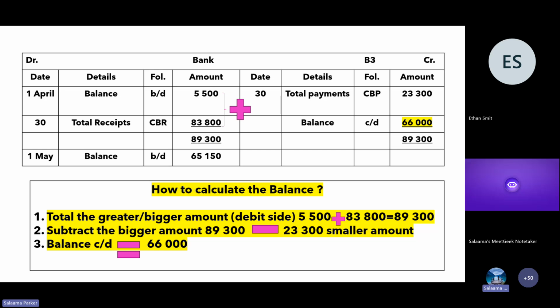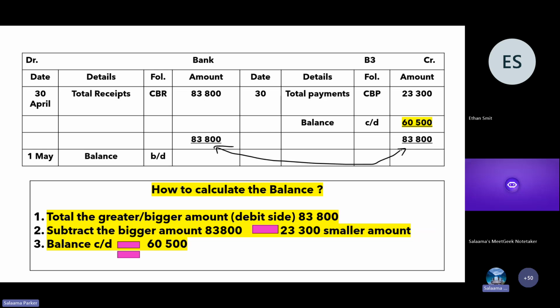The one I wanted to give you here is where no opening balance is given and you must just post. This is how you would do it without a balance. What answer am I going to put here, guys?